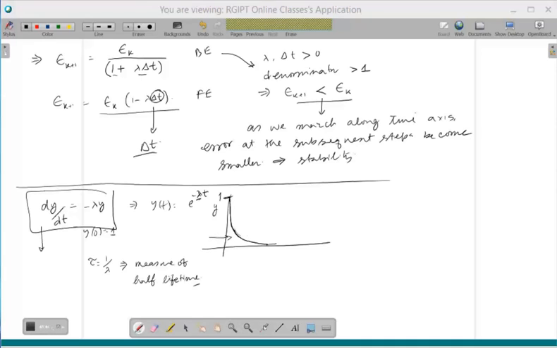Most of the phenomena occurs in less than a half lifetime. A majority of this y has decayed, nearly half of it, in the time scale of 1 by lambda.